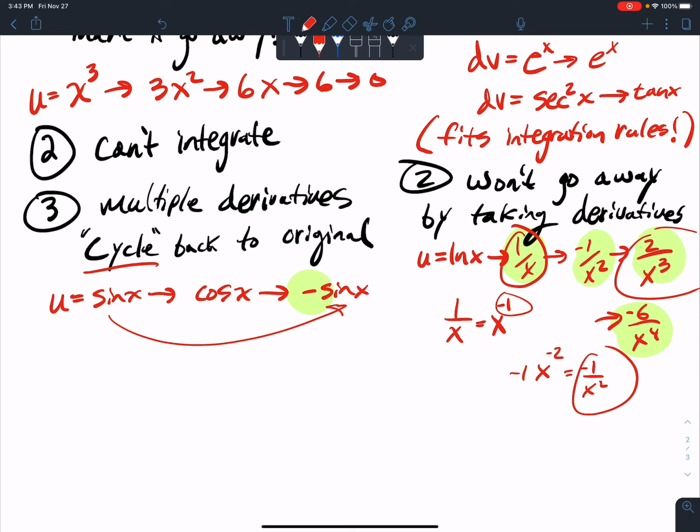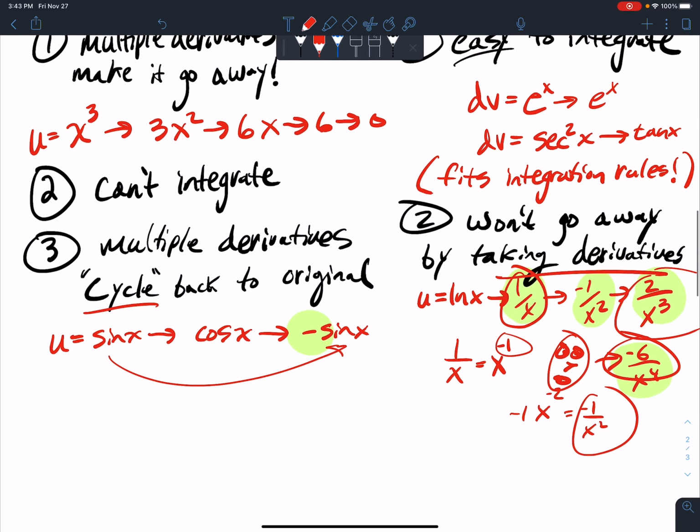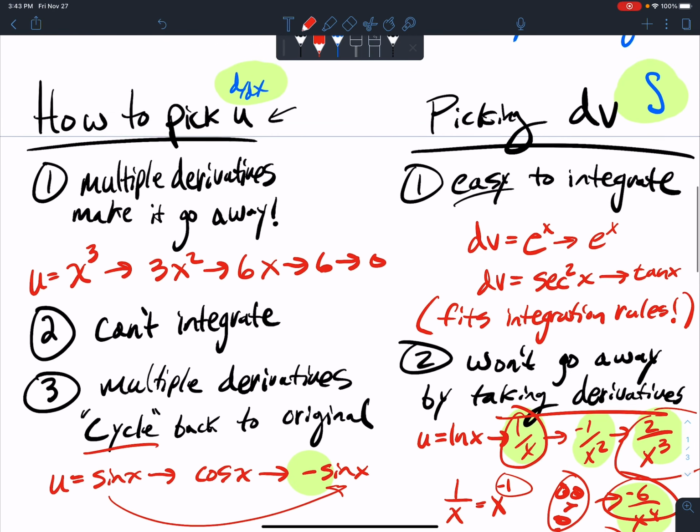So the problem is the more derivatives that we take, the more ugly, the more complicated this thing is getting. So that doesn't really help us out. So maybe that would be a good dv. Instead of taking a derivative, maybe we integrate, right?